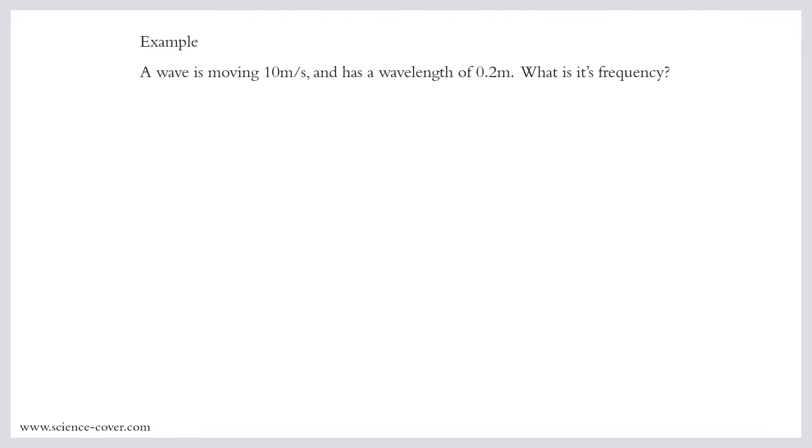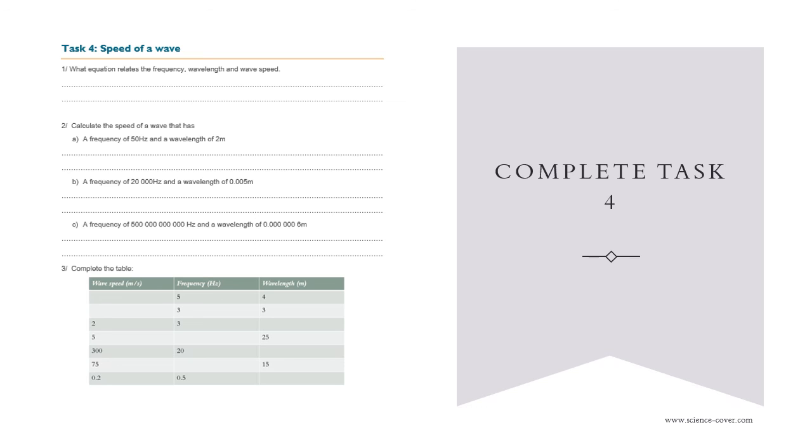In this example, a wave is moving at 10 meters per second and has a wavelength of 0.2 meters. What is the frequency? So the frequency can be found by taking the wave speed and dividing it by the wavelength. The wave speed is 10 meters per second and the wavelength is 0.2 meters. So 10 divided by 0.2 gives me 50 Hz. Pause the video now and complete task 4.